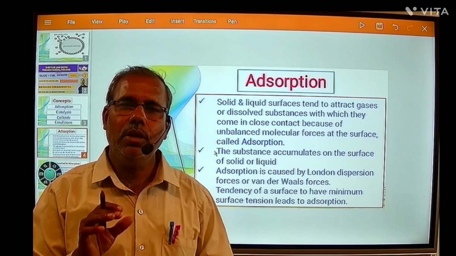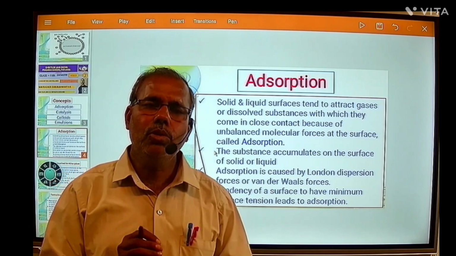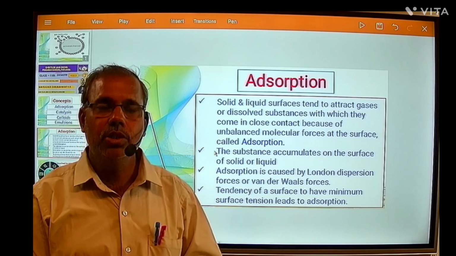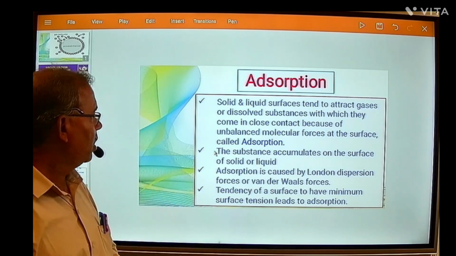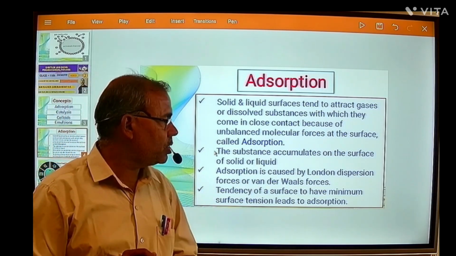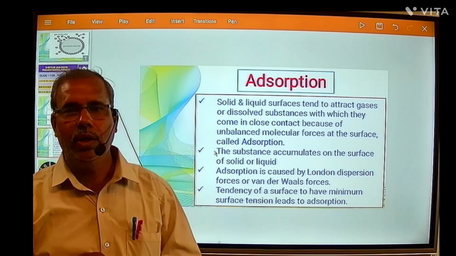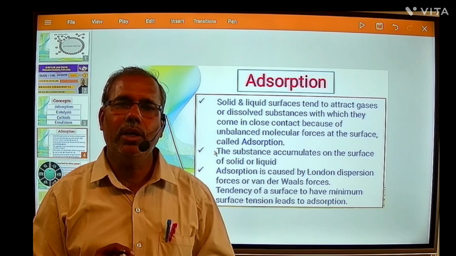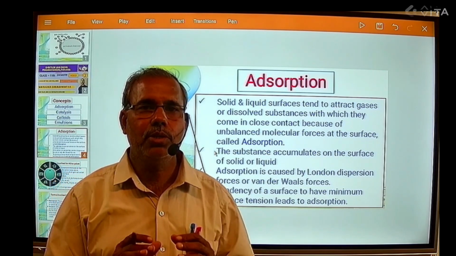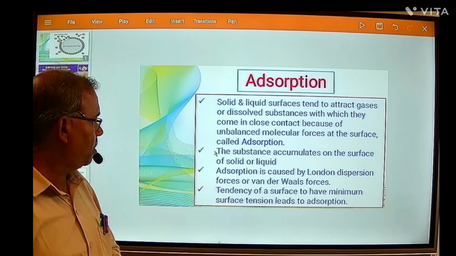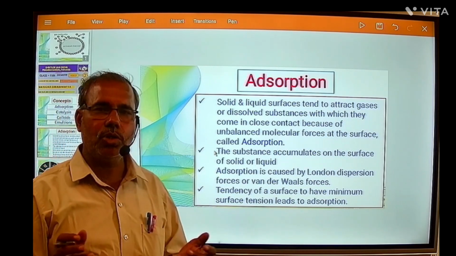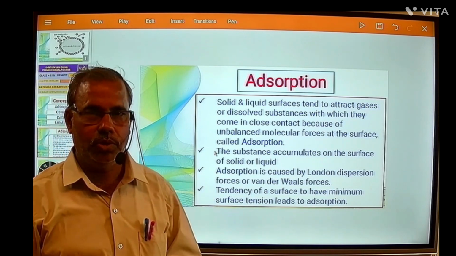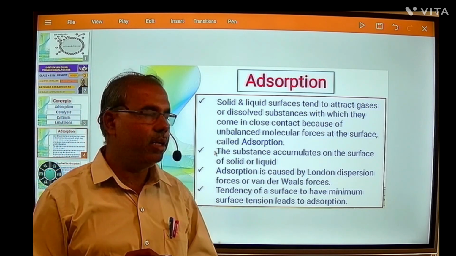So accumulation of the molecules of a particular substance on the surface of another substance is called adsorption. The substance accumulates on the surface of a solid or a liquid. The smaller particles deposit on the surface of a solid or liquid substance. Now adsorption is caused by the forces of attraction known as London forces, which we have already studied.